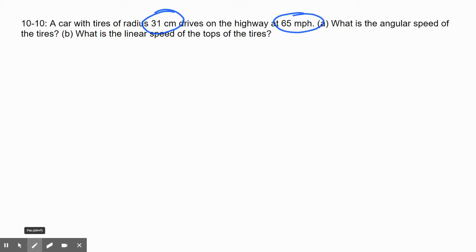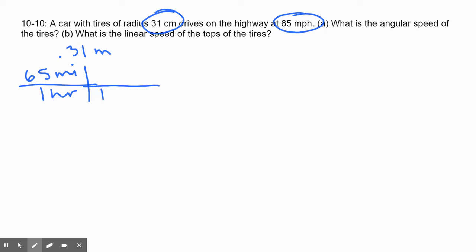Okay, the first one's easy. 31 centimeters is 0.31 meters. Let's also convert 65 miles per hour. 65 miles per 1 hour. And I just looked up how to convert from miles to meters. So 1 mile is 1609.34 meters.